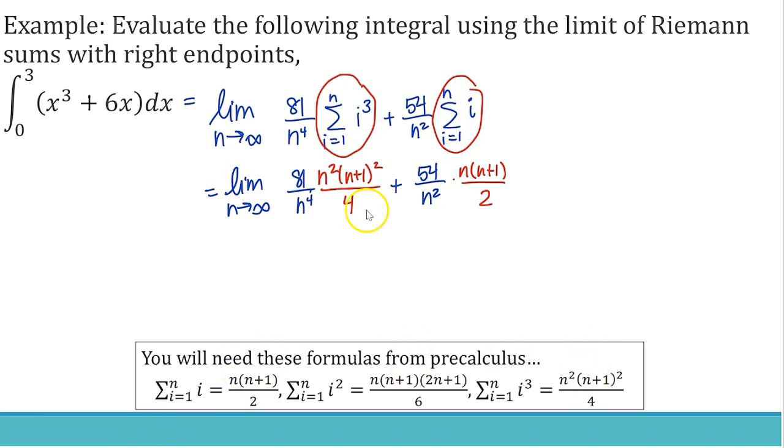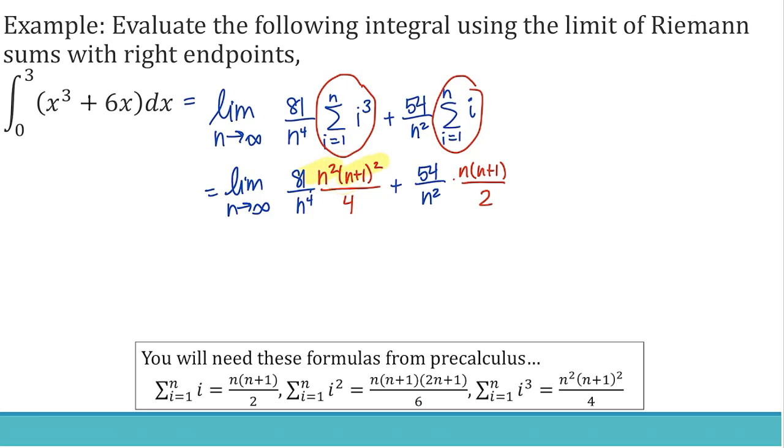So with these formulas, we were able to drop the sigma notation. And now we can just evaluate this limit at infinity, or really these two limits at infinity, because all we have left is rational functions. We're talking about end behavior, limits at infinity, so we think end behavior or asymptotes.